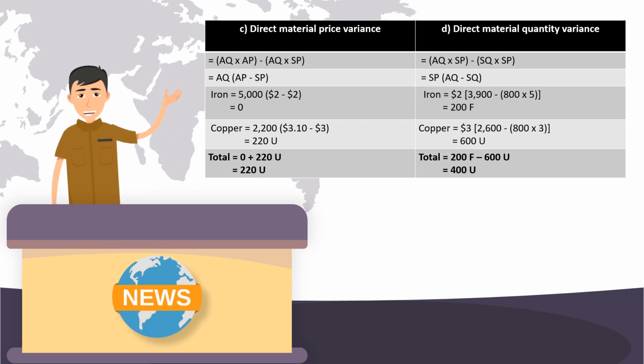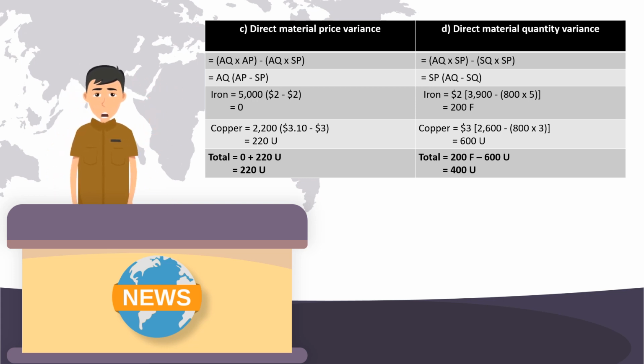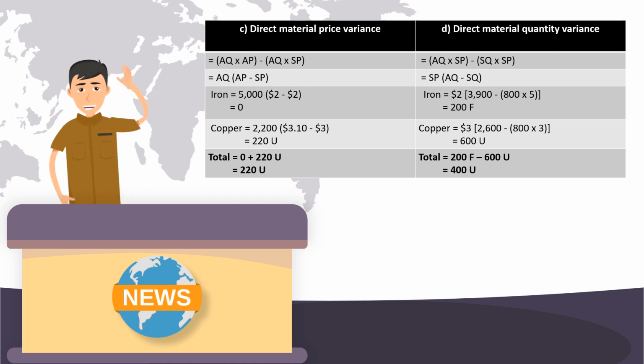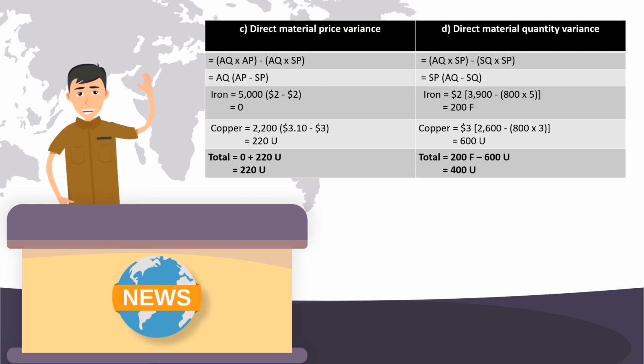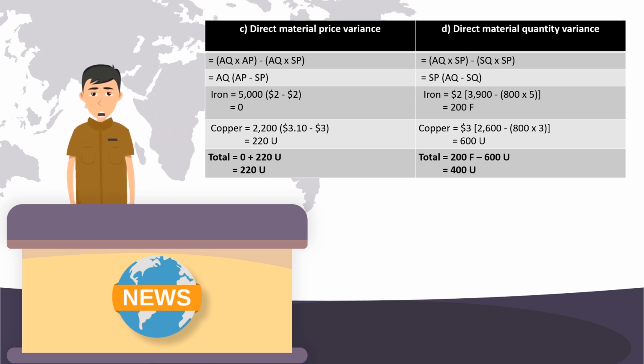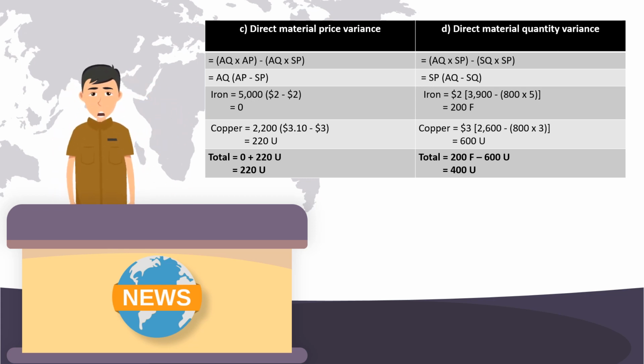Okay, so for the next question, the direct material quantity variance we get by standard price multiplied by actual quantity minus standard quantity. So same as the previous question, we need to calculate for the iron first. So we take 805 minus 3,900 and multiply by 2.